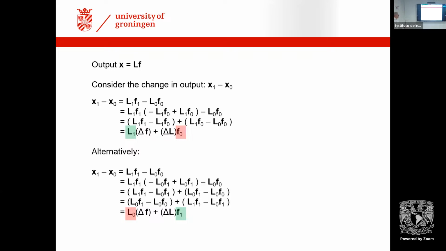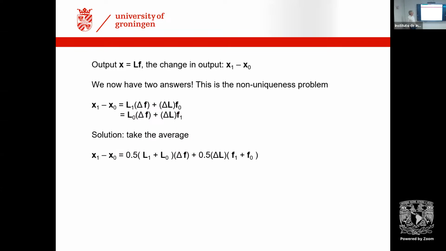Now here in this simple case, this is the simplest possible case, but it tells you already all the problems. We have two different expressions for the change in output, and we cannot choose. There is no reason to say this one is better, I prefer this one more than that. So they are equal to each other, and this is the famous non-uniqueness problem.